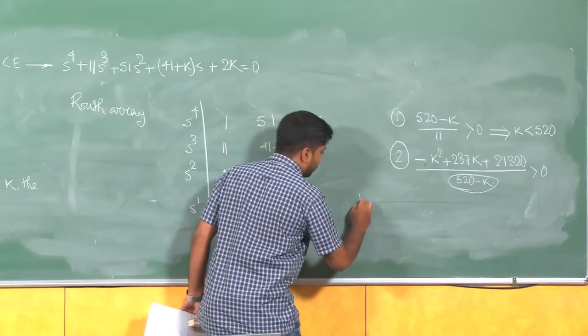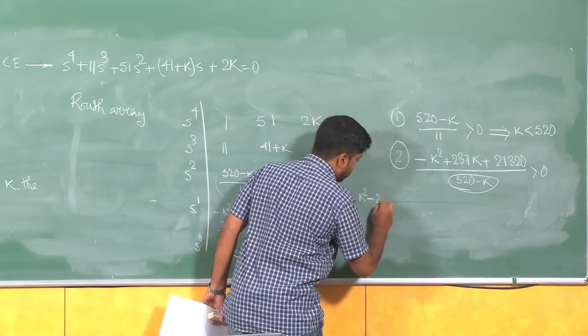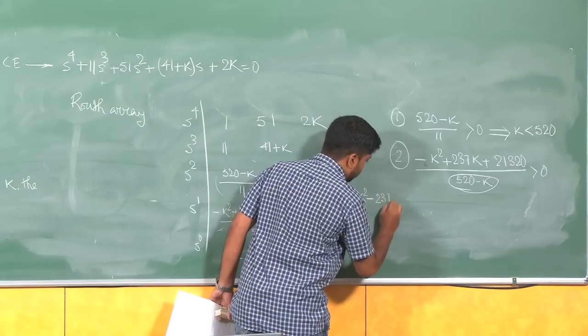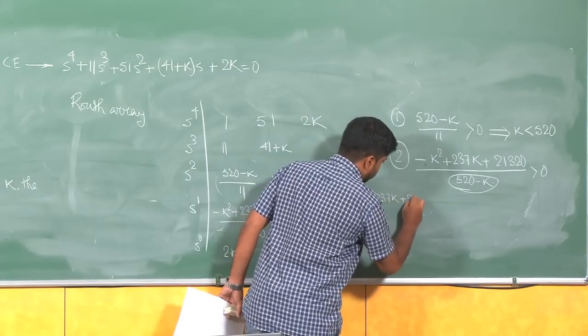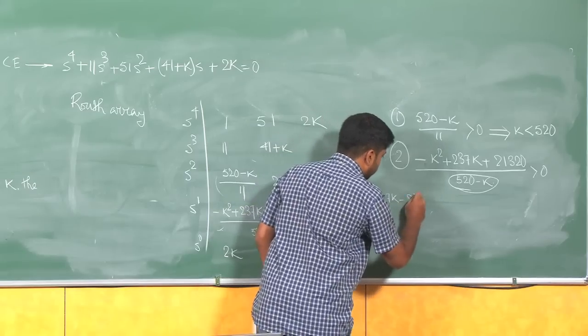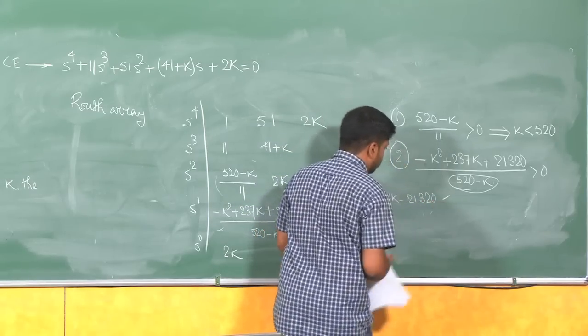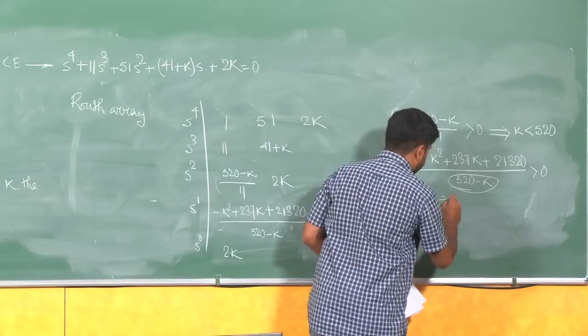So, let us consider the quadratic equation k square minus 237k minus 21320 is equal to 0.